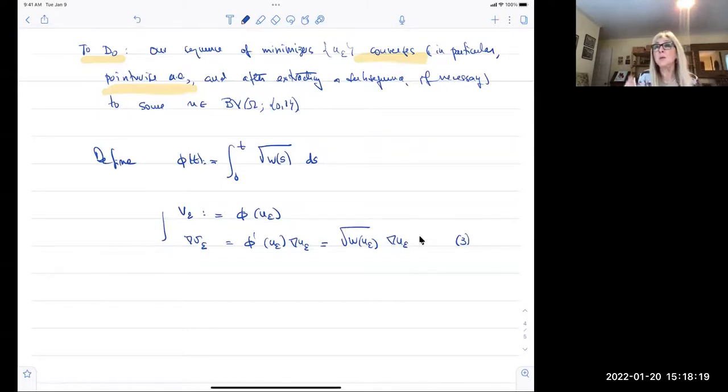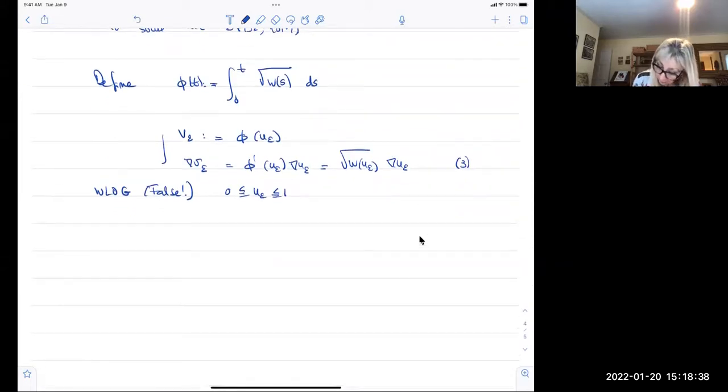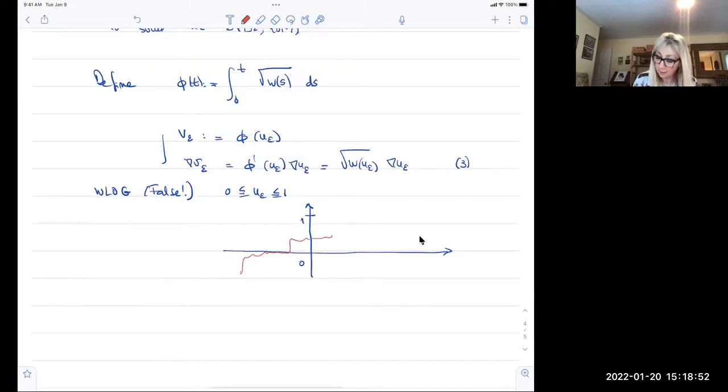Now, this one I'm cheating. I say, without loss of generality, which is false. But let's pretend for a moment that I can assume that my U epsilon lives between 0 and 1. So this is 1, this is 0, and my U epsilon could be something like this, then like that, and like this.